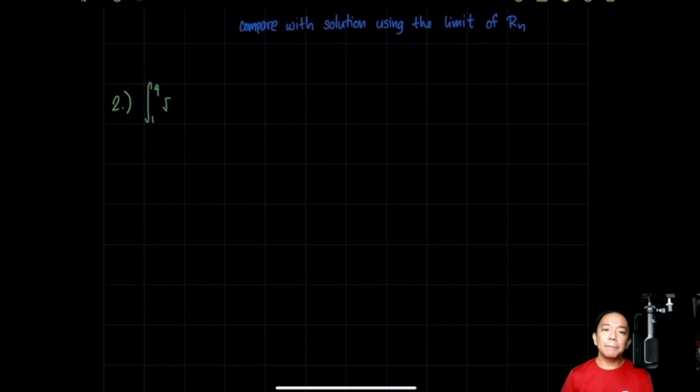Okay, next example, we want to find the definite integral from 1 to 4 of square root of x times 2 plus x. So we've looked at similar problems na ng antiderivative ng may radical. So ang gagawin natin, express natin siya as a fractional exponent and we distribute it.